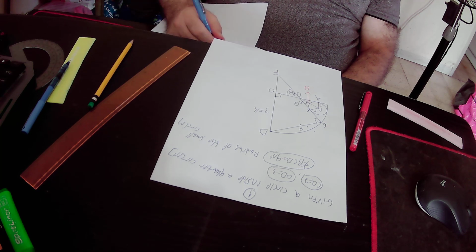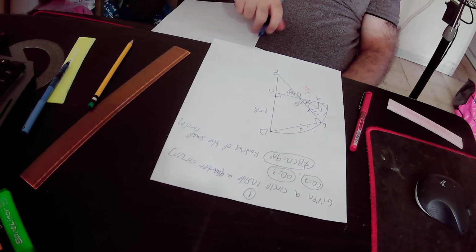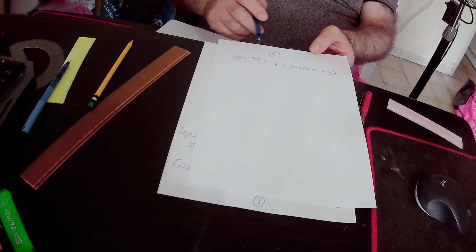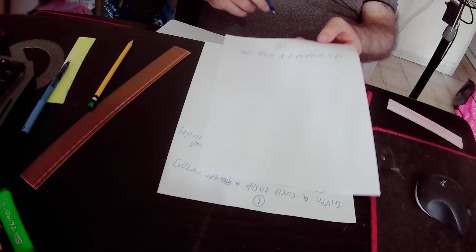Okay, angle BCD equals 90 degrees, and it is a peripheral angle.